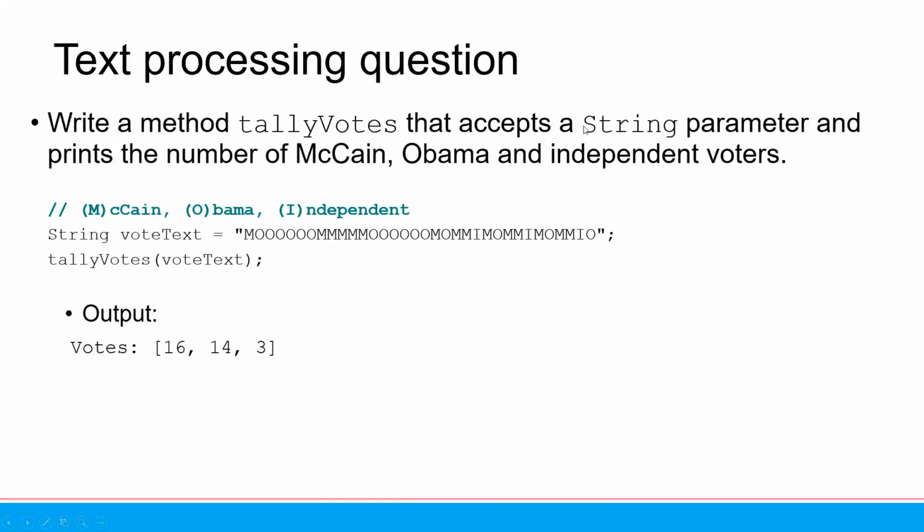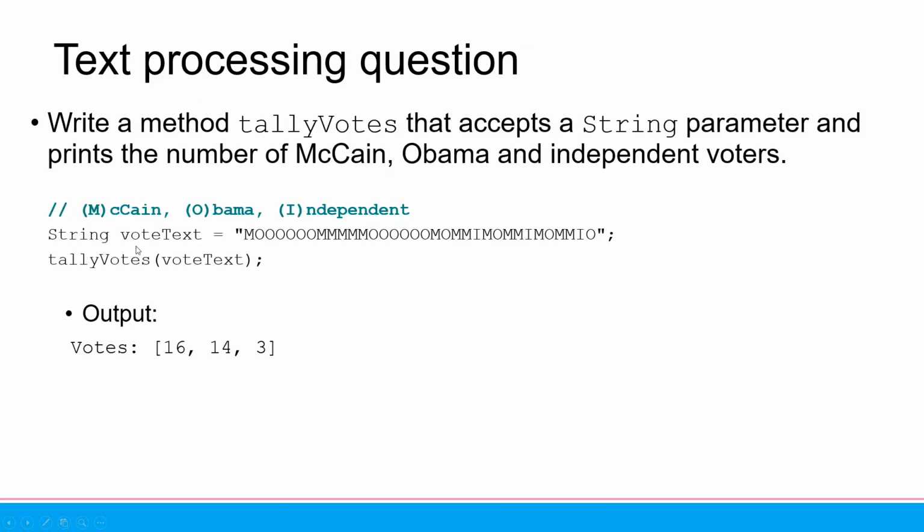So we have a string parameter and it prints the number of people who chose McCain, Obama, or independent. So M is for McCain, O is for Obama, I is for independent.